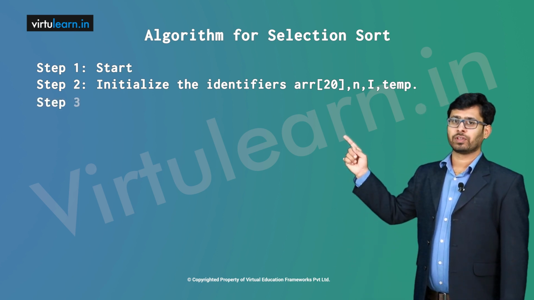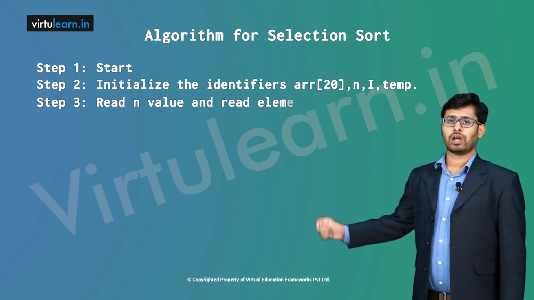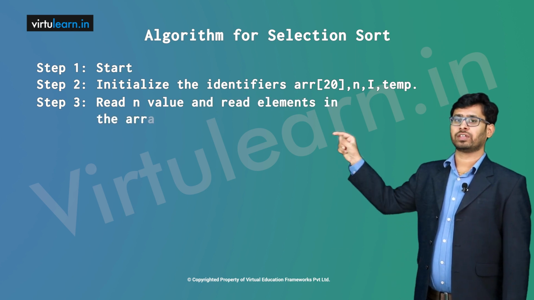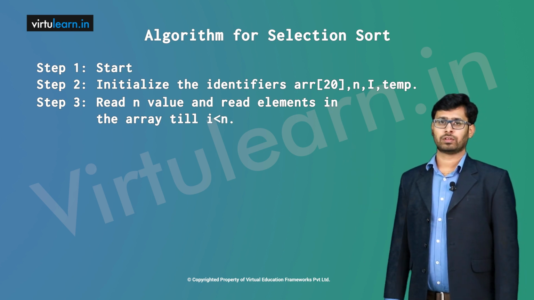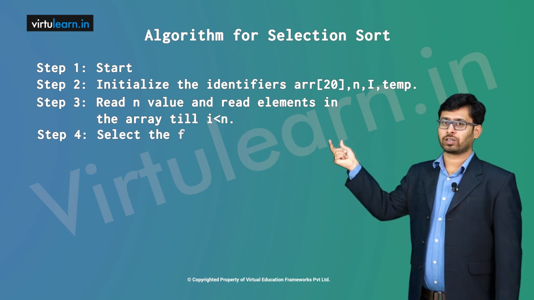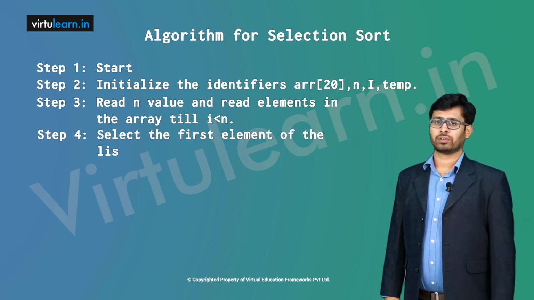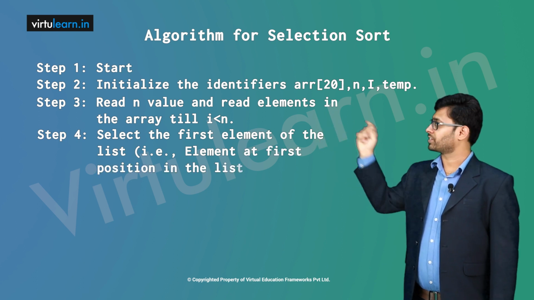Step 3, read n value and read elements in the array till i is less than n. Step 4, select the first element of the list, that is the element at the first position in the list.